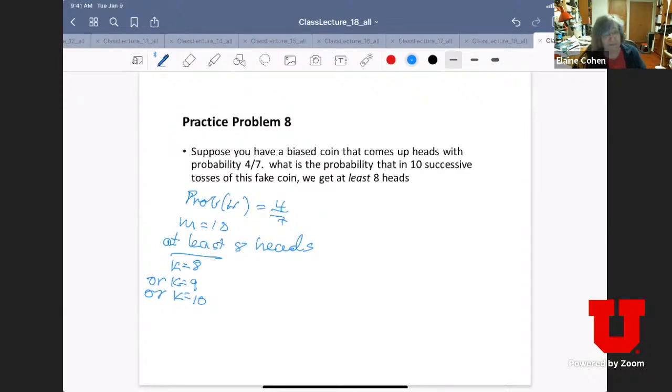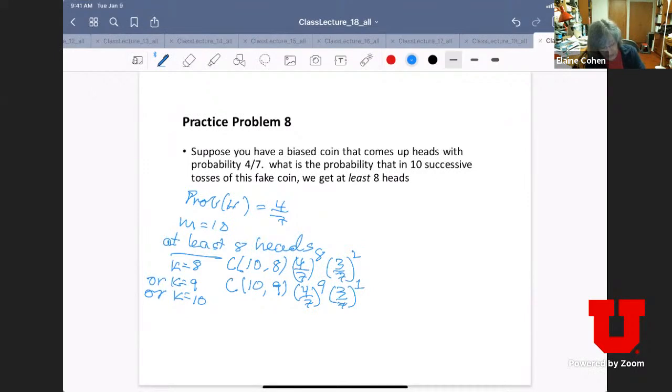So what's the probability of getting 8? Well, it's 10 choose 8 times 4/7 to the 8 times 3/7 squared. The probability of getting 9 is 10 choose 9 times 4/7 to the 9 times 3/7 to the first power.